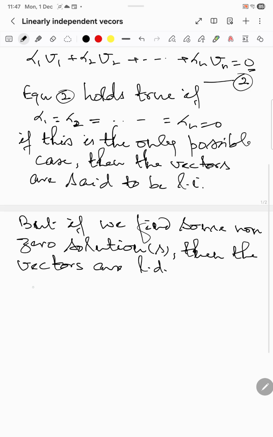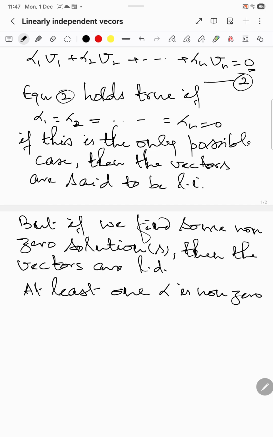Which means if we have at least one alpha that is non-zero. So if we are able to find some non-zero solutions, then our vectors are considered as linearly dependent.